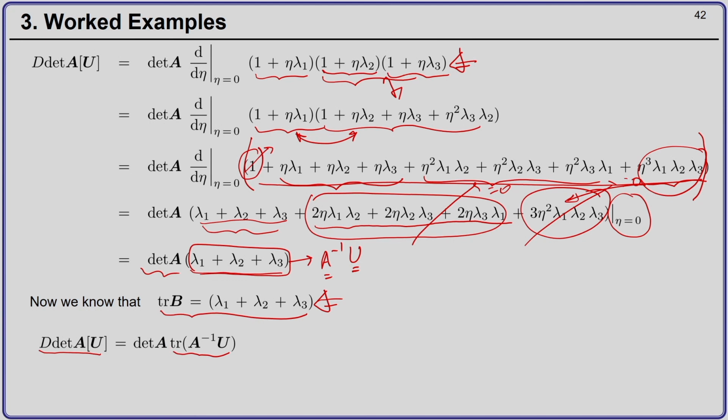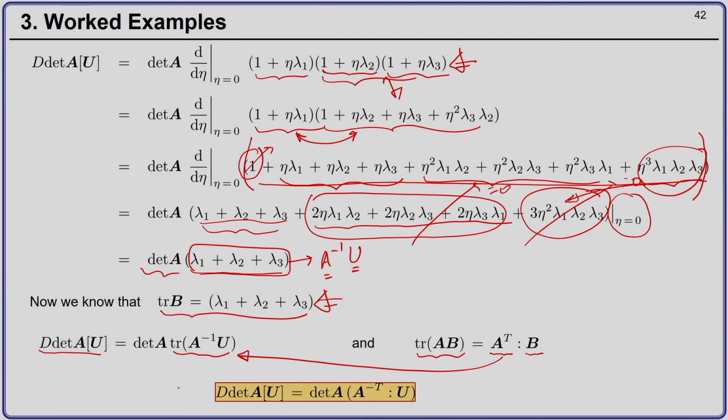This can be simplified further if you remember the property of trace, which is the trace of A into B, where A and B are two tensors, is nothing but A transpose double contraction with B. Once you remember this property, we can use it here to further reduce this expression on the right hand side to determinant of A into A inverse transpose contracted with u.